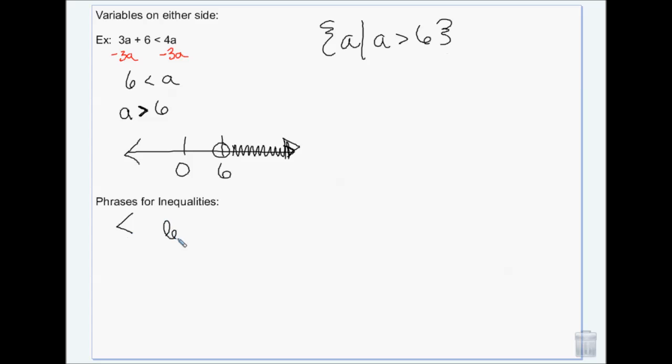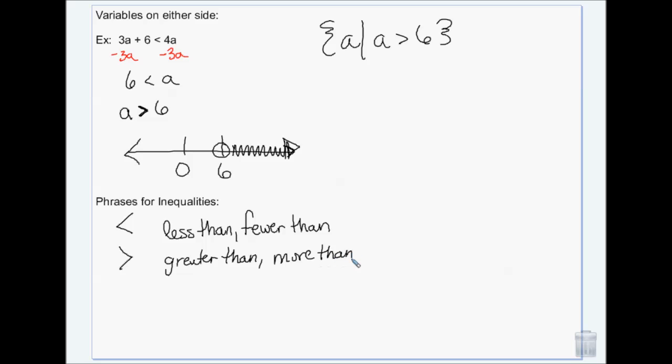So we kind of did this, but we'll do it again. This is less than. It can also be called fewer than. We have greater than, or more than.